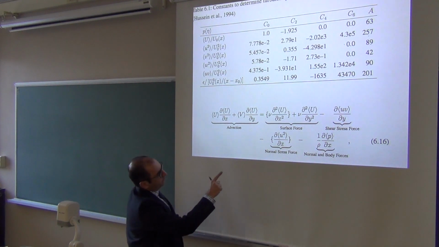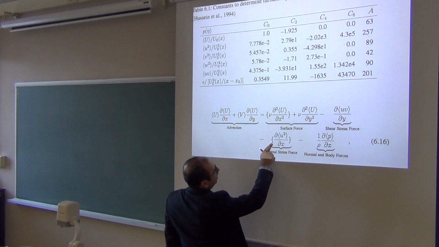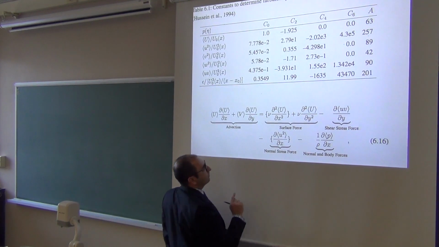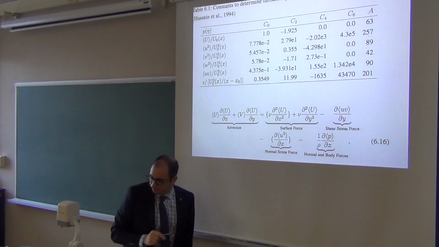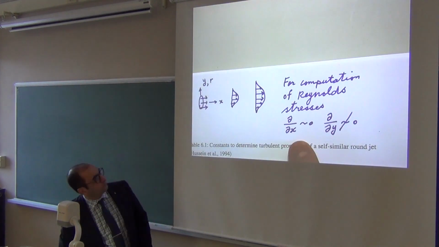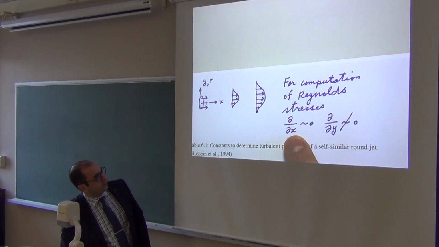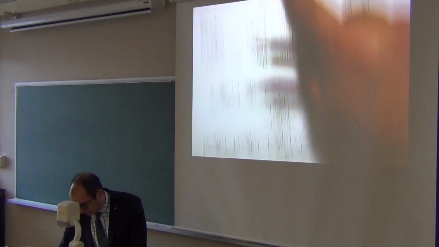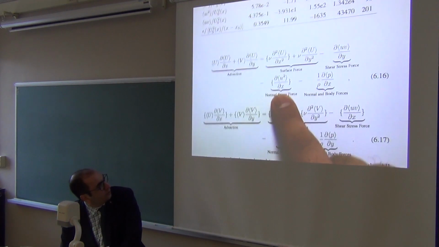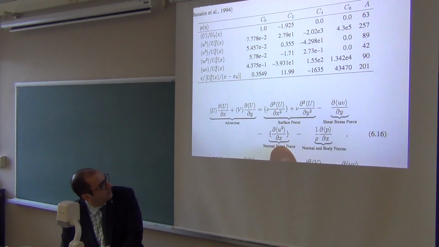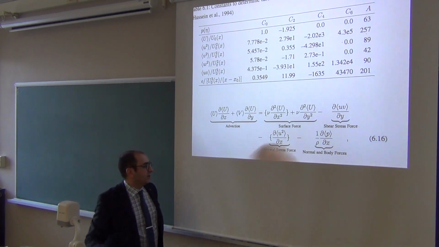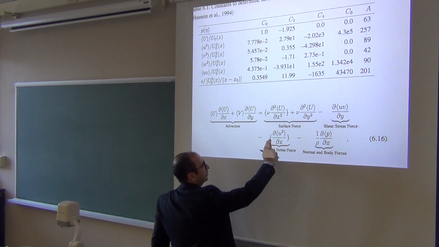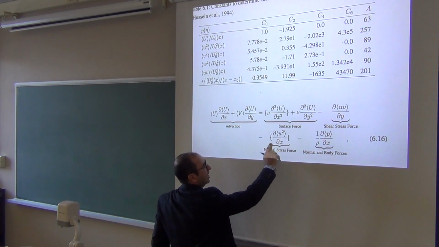So I put curly brackets along some of the terms because I would like to ignore them. First of all, I just told you that components of Reynolds stress don't vary much in the x direction. So as a result, I'm going to ignore this normal stress term because it's the component of Reynolds stress, partial x. I would like to ignore that, so I put a curly bracket.